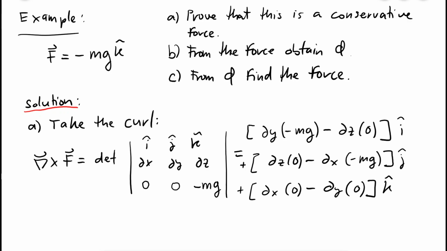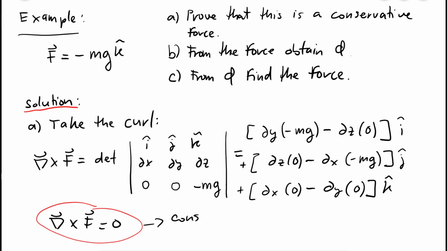So that's how you take the curl of this vector field. And as you notice, this is pretty much a constant force. And so we say that the curl of F is equal to 0, and thus we get that this is a conservative force. We already knew this all along from our high school and from our introduction to physics course, so it should not come as any surprise.